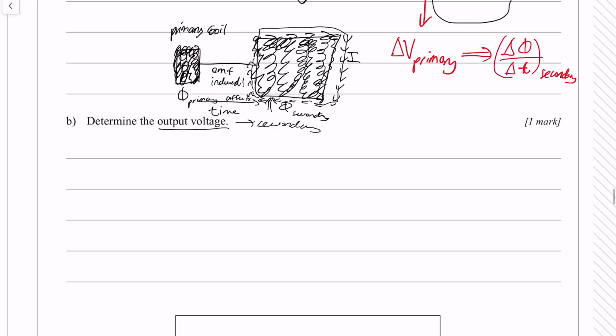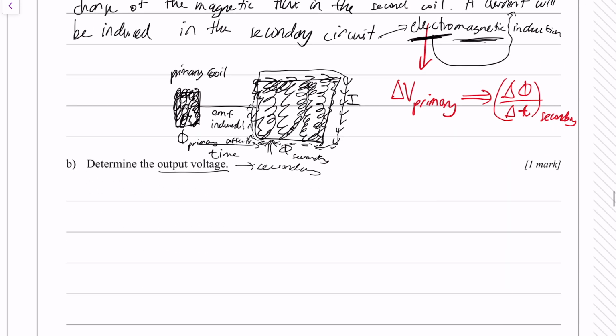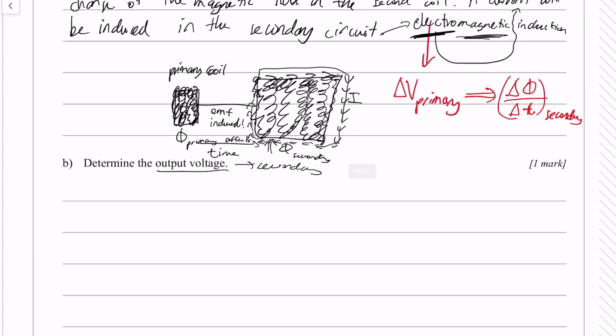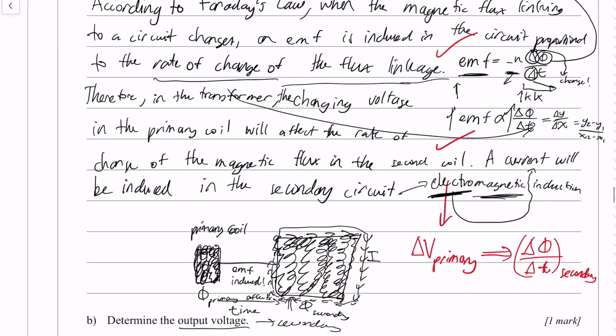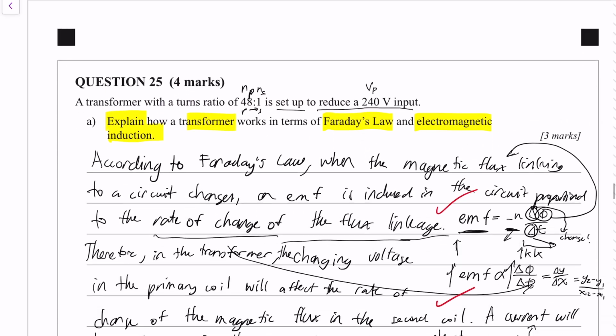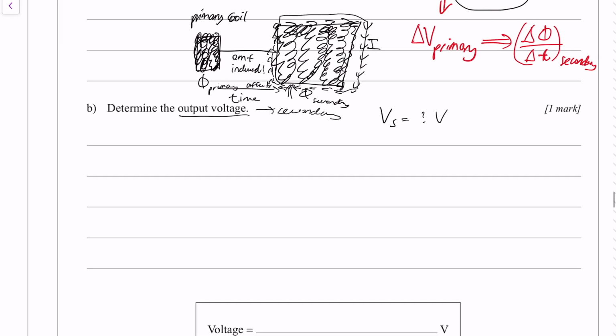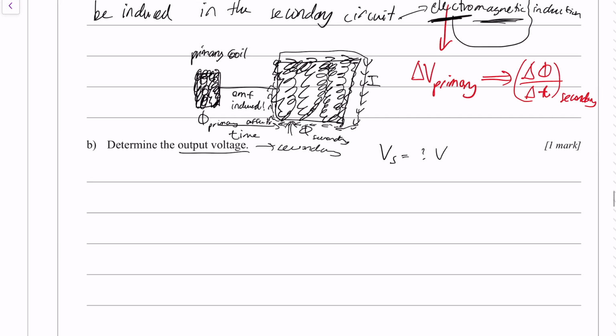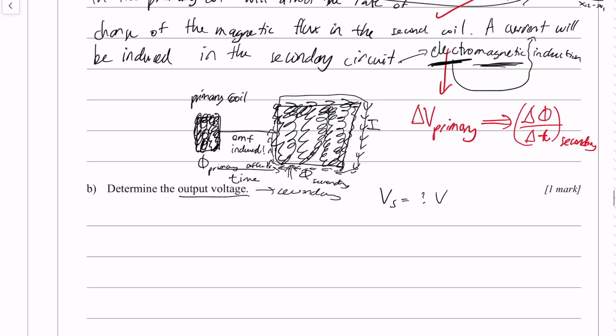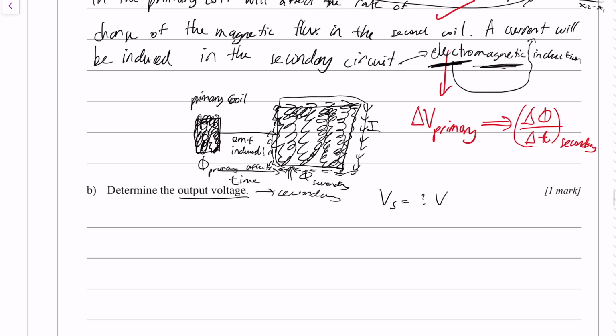Remember from part A, we move from the primary coil to the secondary coil. So we know that the secondary voltage, or Vs, is question mark number of volts. Okay, and we have that box there to confirm. All right, so now we can draw a figure if we wanted to, but I've already done that here on part A.